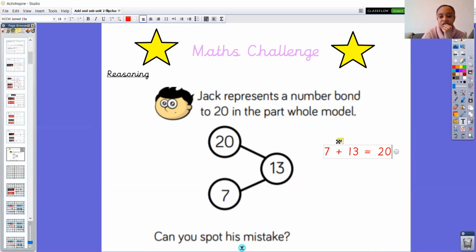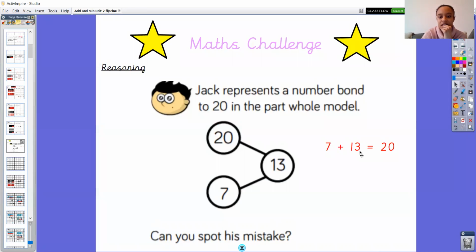So I know that 7 should be a part, and 13 should be a part, and 20 should be my whole. So have a look at the part-whole model. Where has he put 20? Oh no, he's put 20 in one of the parts, hasn't he? So he's got that 13 is the whole. So he just needs to swap his numbers around so that he's got them in the correct place.